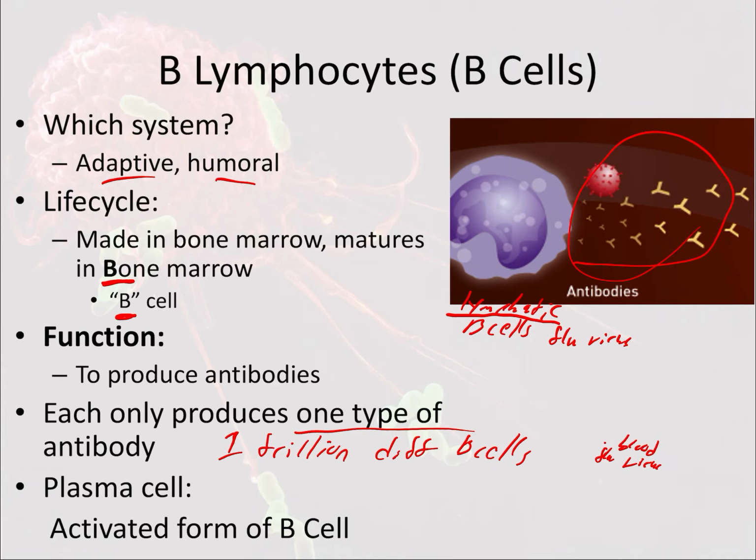Then we have some cells that are going to go in and wake up those specific B cells, activate them. They're going to make their way into our bloodstream and start releasing antibodies. When they're in this state, they're known as a plasma cell.